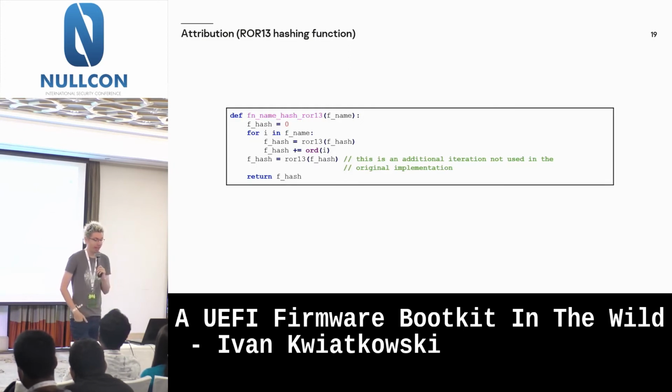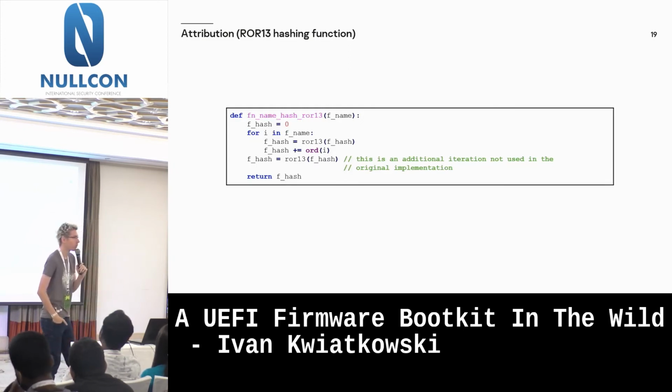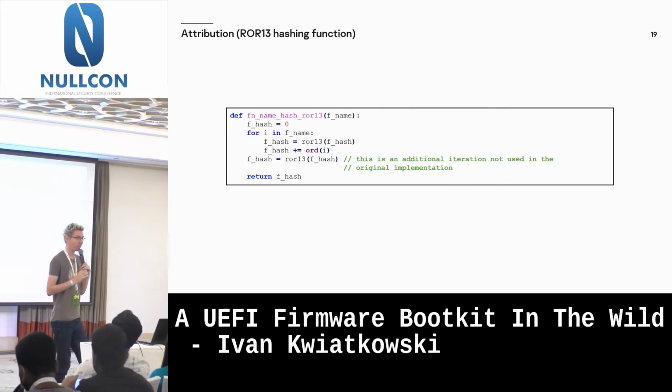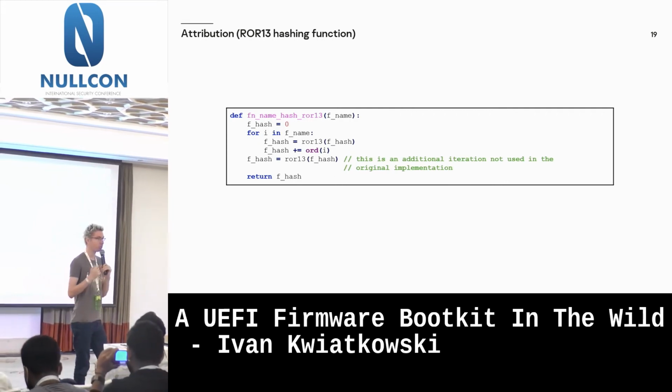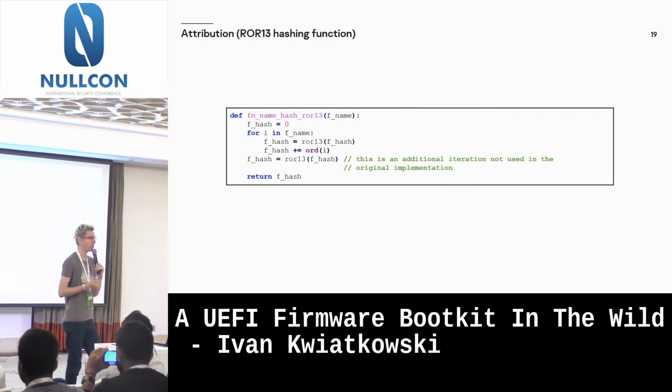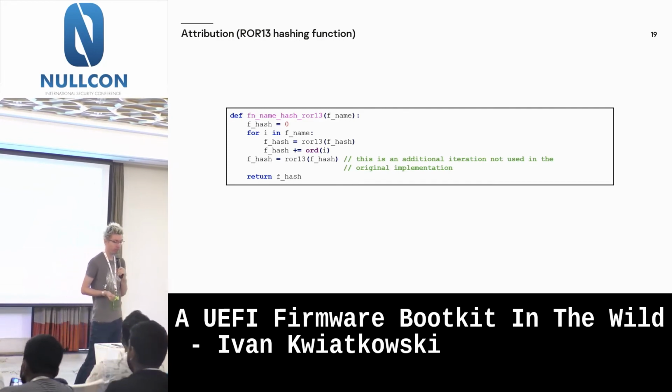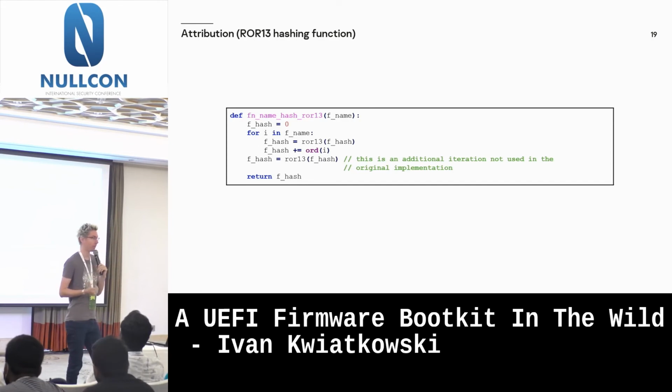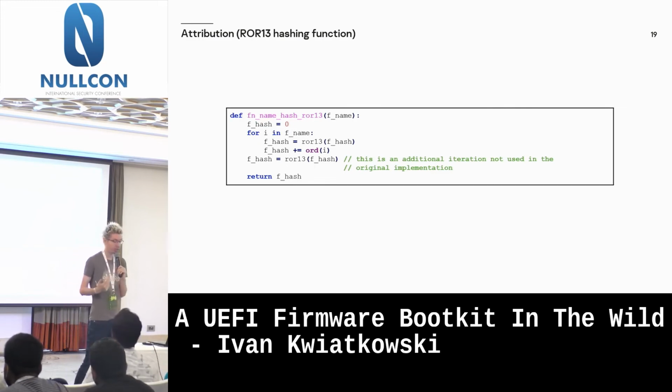So this hashing algorithm that I mentioned in the previous slide has never been observed in other instances of malware, with a few exceptions. The first one is Moonbounce, which is another UEFI firmware bootkit that I mentioned in the introduction. And the other one is Xtorker. Both of these malware were purported or actually exhibited signs that they could be linked to Chinese-speaking attackers.